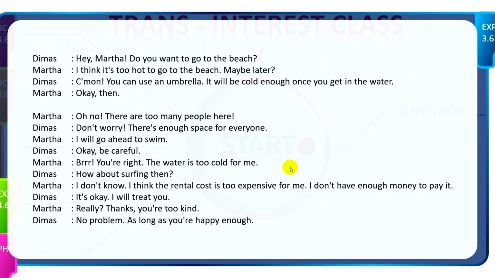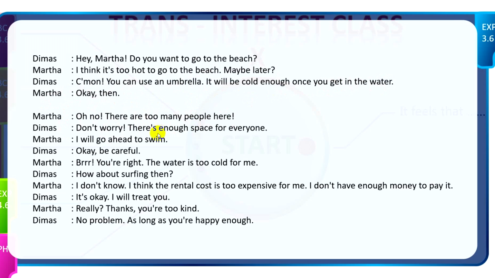Okay, this is an example of a dialogue between Dimas and Martha. Dimas says, "Hey Martha, do you want to go to the beach?" "I think it is too hot to go to the beach. Maybe later." "Come on, you can use an umbrella. It will be cold enough once you get in the water." Martha said, "Okay then. Oh no, there are too many people here."